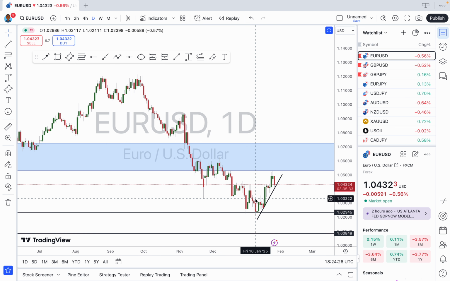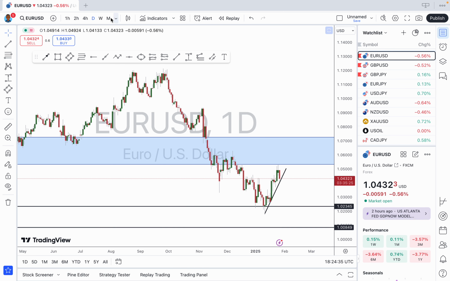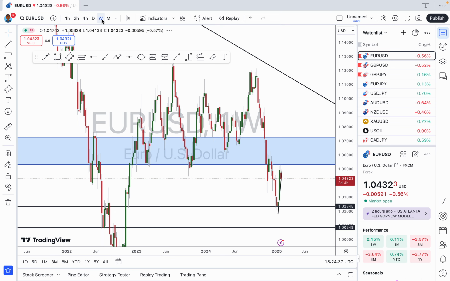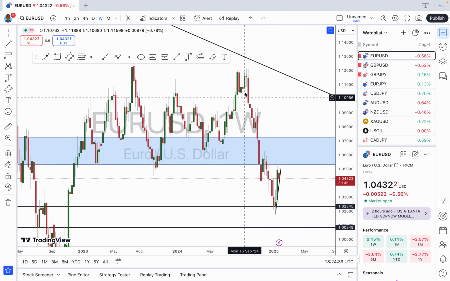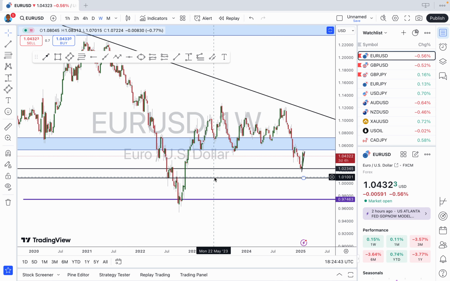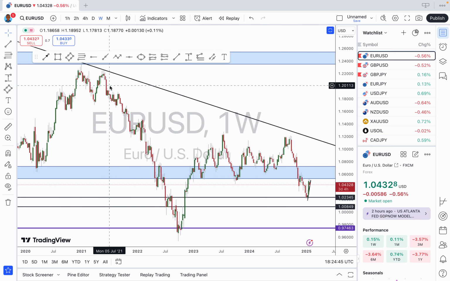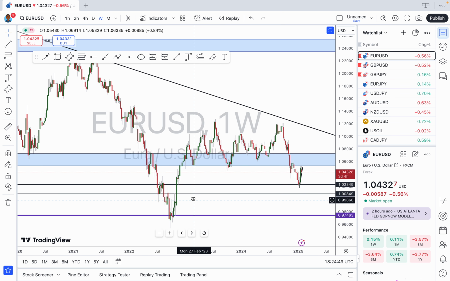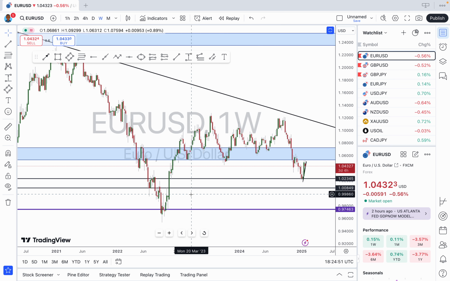Now we have pulled into this monthly level, and the monthly level is acting as a resistance for us. I think I've done a full top-down analysis on the EU, but let's just go over it again. This is the weekly level. We had this bearish impulse to the downside, just bleeding, right?